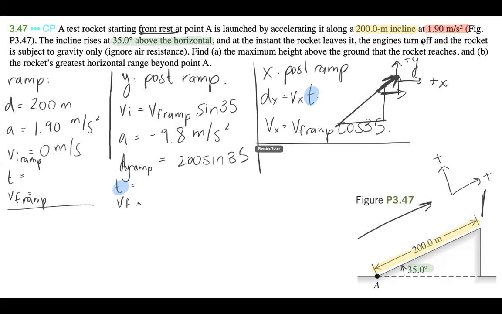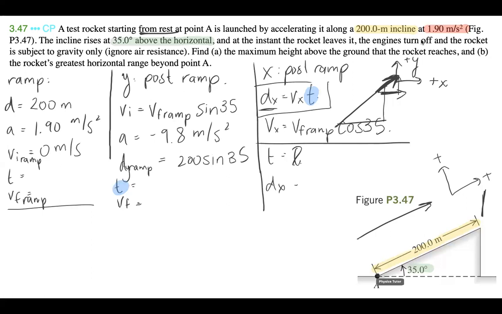And t we don't know. And then if we want to find out what dx is, we have our formula right over here. That's how we would find dx, and that's how we would find the greatest horizontal range beyond point A right over here.